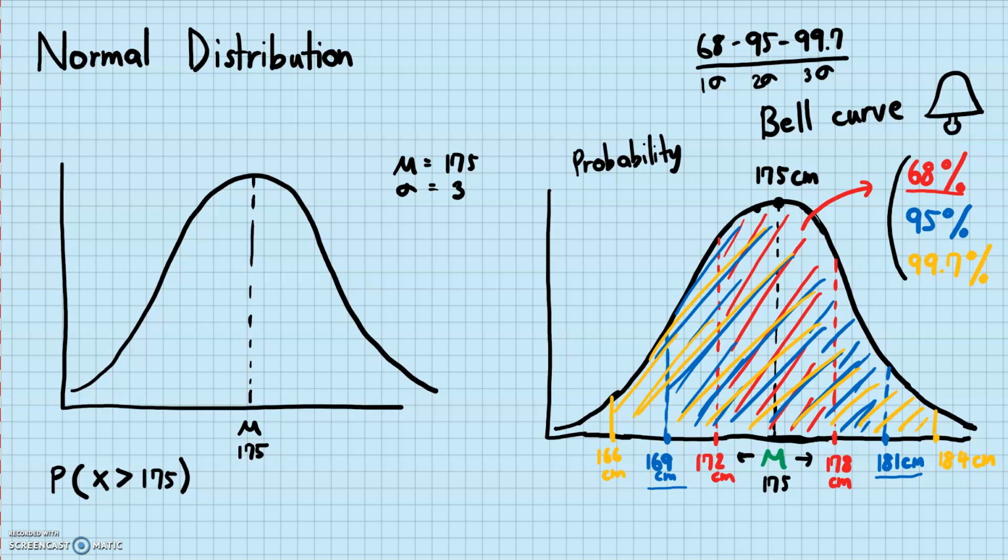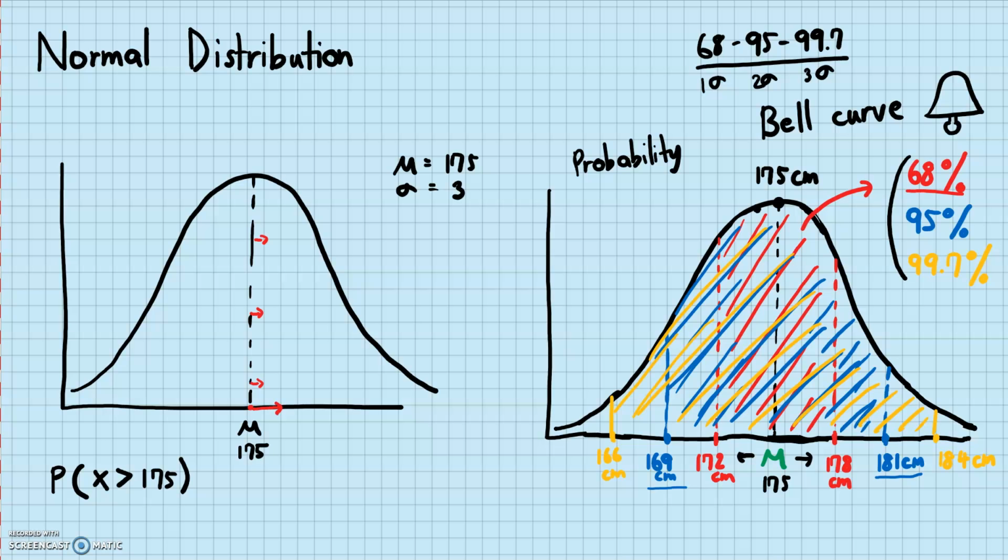Now if you look at the graph, what you would do when you're trying to find the probability of x being greater than 175, or a person being taller than 175 centimeters, you'll find the area under the curve that is bigger than 175. So it's basically this side, right? This is where 175 is.